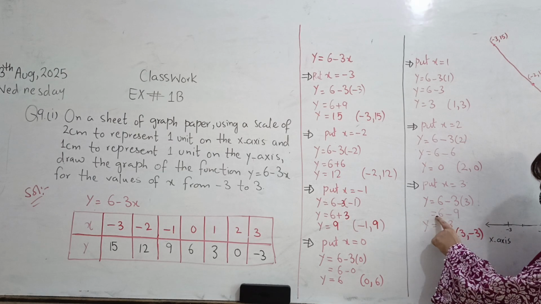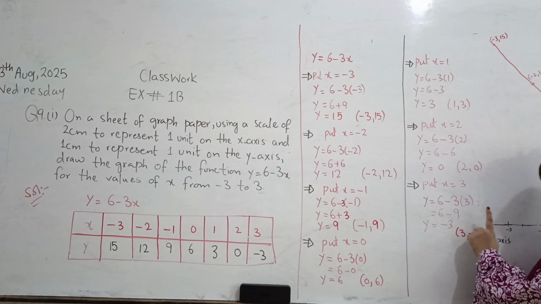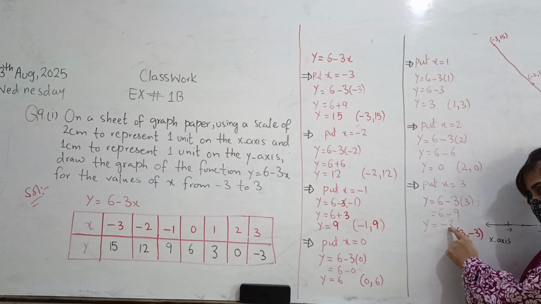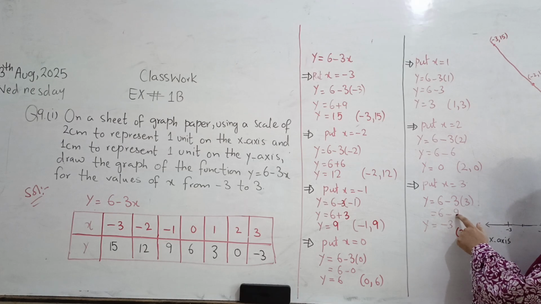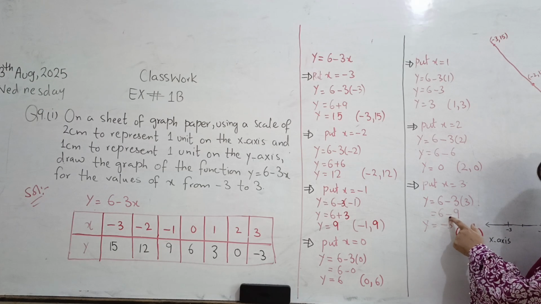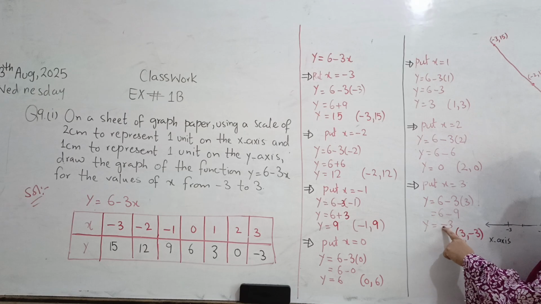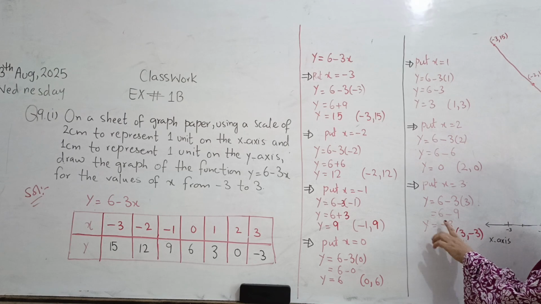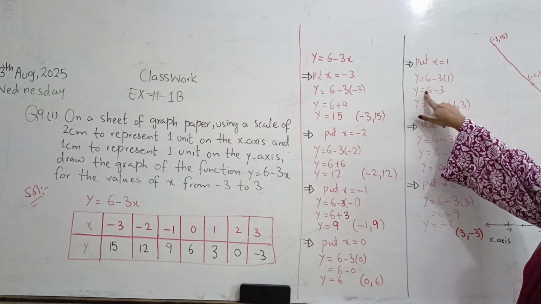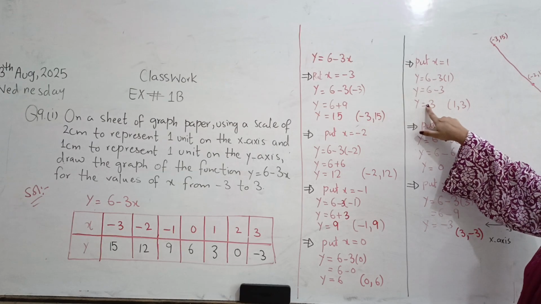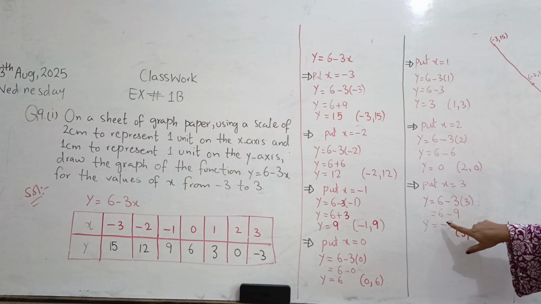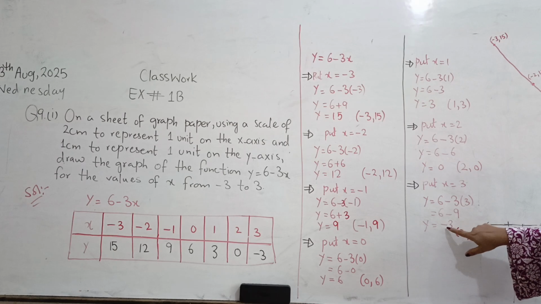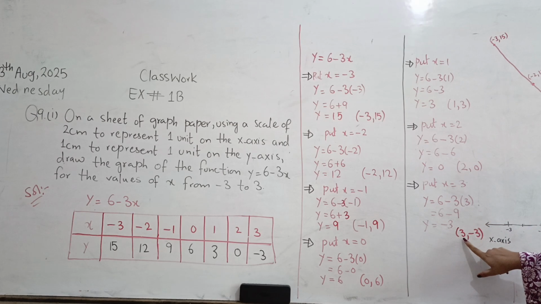Again different signs, subtraction, and the sign comes from the bigger value. 9 has a negative sign, so it is minus 3. In the earlier case 6 is the greater value, that's why 3 is positive, but in this case 9 is the greater value, so it possesses the negative sign and the answer will be negative. So x is 3 and y is minus 3.